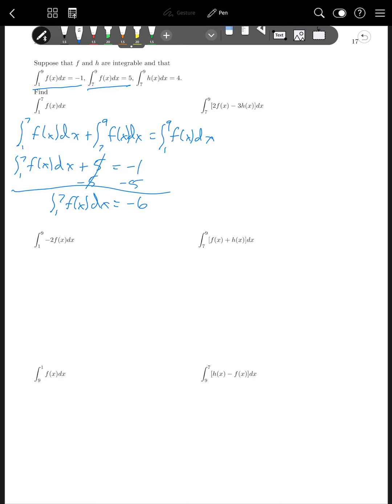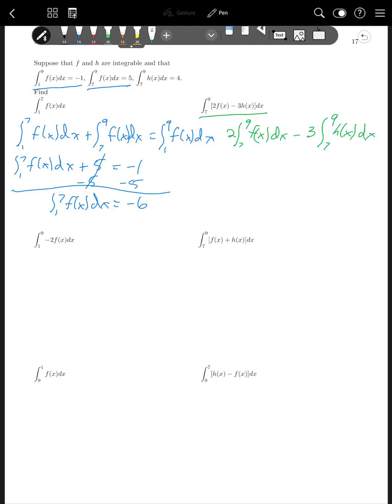The second one here is asking us to use several different rules from the previous page, the constant multiple rule and the difference rule. So I could rewrite this integral as 2 times the integral from 7 to 9 of f of x dx minus 3 times the integral from 7 to 9 of h of x dx.